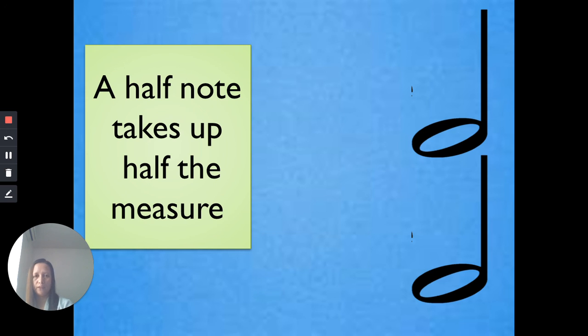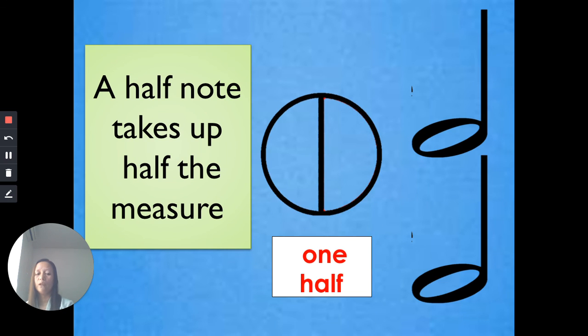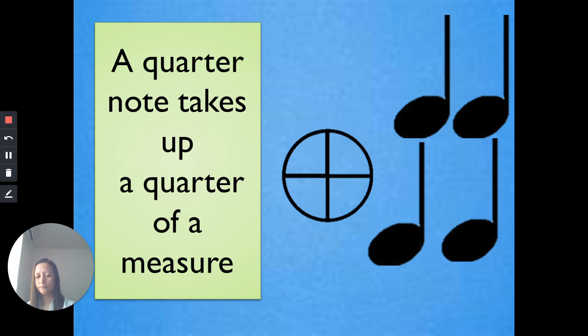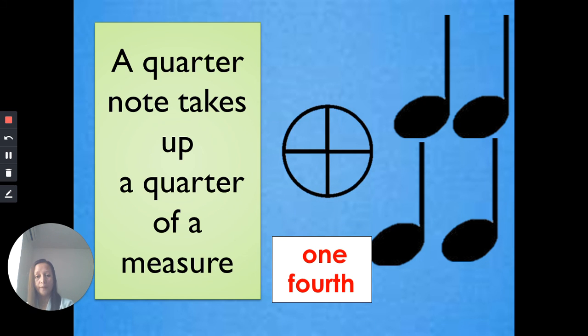What is the equivalent fraction? 1/2. A quarter note takes up a quarter of a measure. What is the equivalent fraction? 1/4.